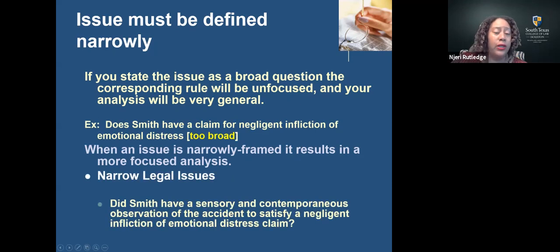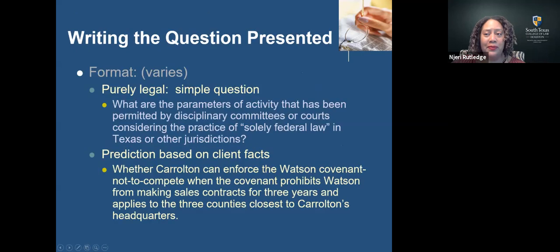So the narrow legal issue here would be, did Smith have a sensory and contemporaneous observation of the accident to satisfy a negligent infliction of emotional distress claim? And just in case you hadn't noticed, yes, having a sensory and contemporaneous observation is one of the elements in dispute. When you write the question, the format can vary. If it's purely legal, it's just going to be a simple question.